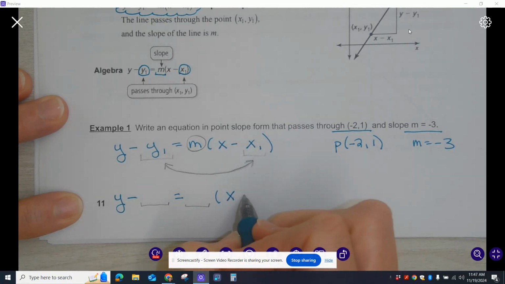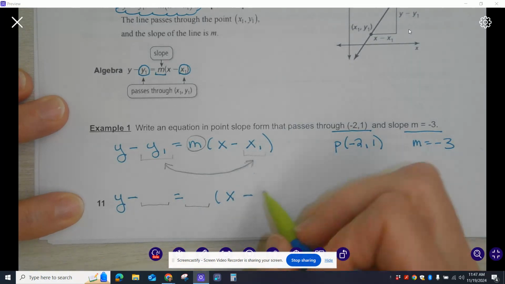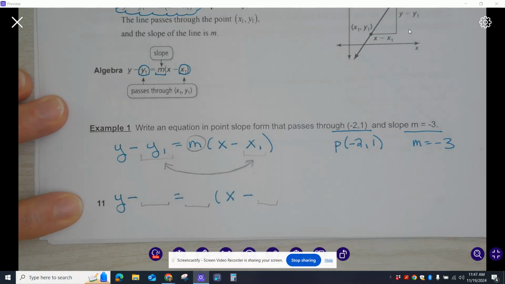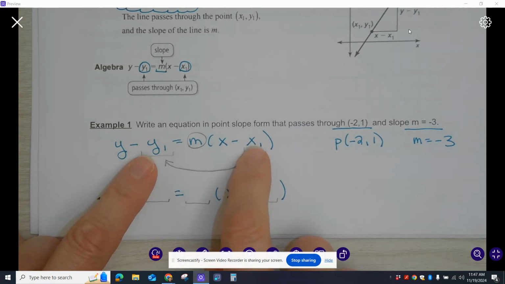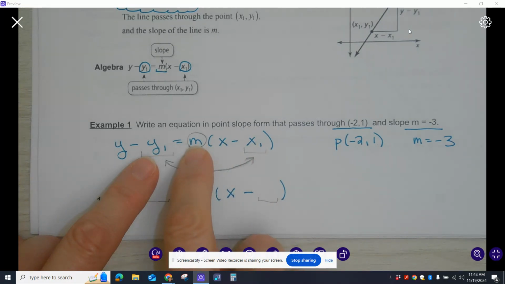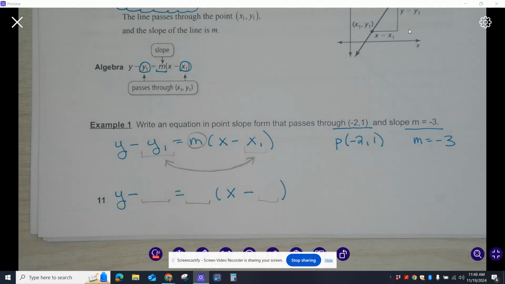And then x minus x subscript 1, I usually say x sub 1 for a subscript, is where I'm going to put my x value. So your point goes here and here, your x goes here, your y goes here, so my -2 will go here, my 1 will go here, and my slope will go right here.